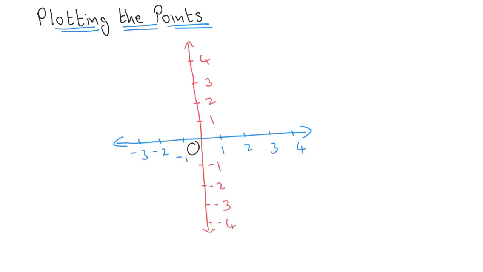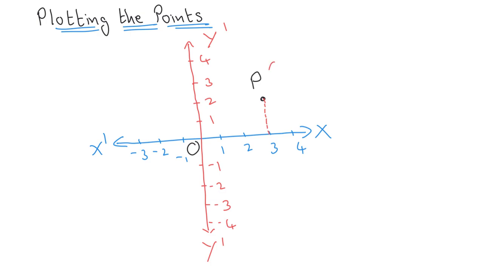Let us try to figure out how to locate a point in the coordinate plane. We know that the horizontal axis is the x-axis and the vertical axis is the y-axis. Okay. Let us figure out how to find the coordinates of the point. Let's label the point as P. In order to find the coordinates of this point P, what you do is drop a perpendicular line from the point P on the x-axis.